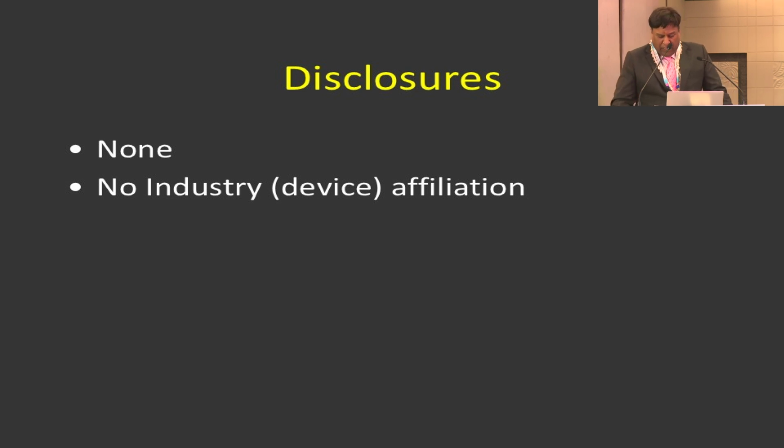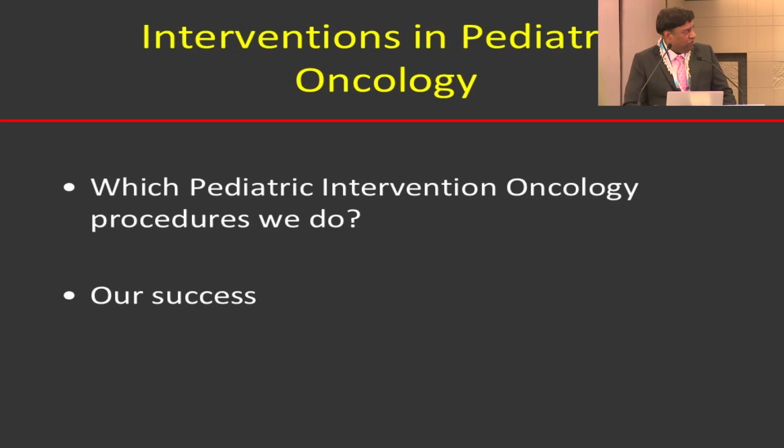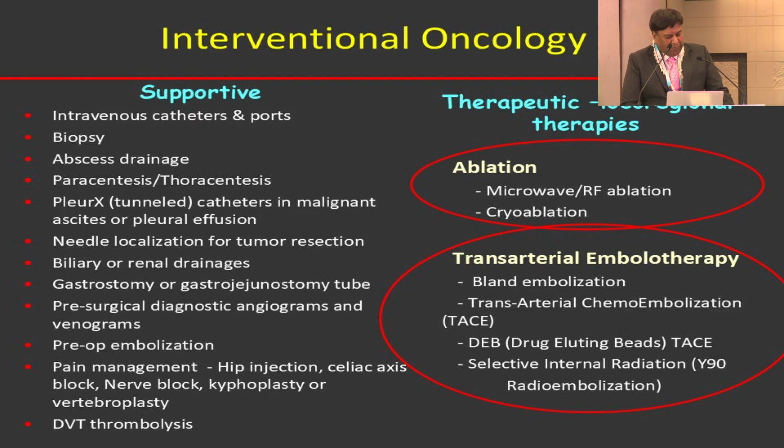As you can see, we do a lot of supportive procedures, typical bread and butter procedures like nerve block, pain management, DVT thrombolysis to support the oncology patients. In addition to the supportive procedures, we also do loco-regional ablation therapy: microwave ablation, RF ablation, cryoablation.